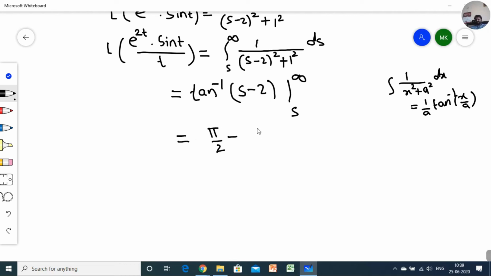The lower limit sign is minus, applying s, so it will become tan inverse of s minus 2. So you will get the result pi by 2 minus tan inverse of s minus 2. Sometimes it can be converted in terms of cot, but kept as it is, no need to convert because further solutions are not required.